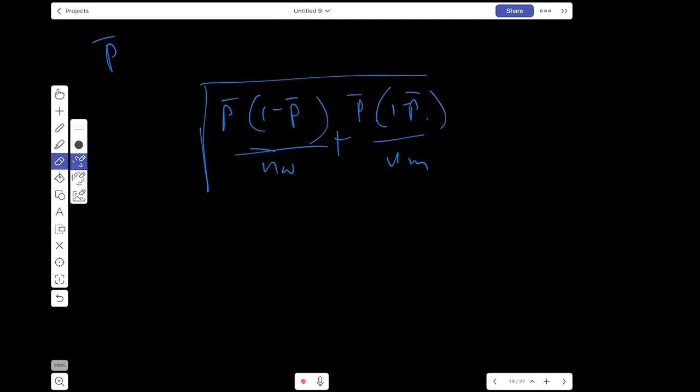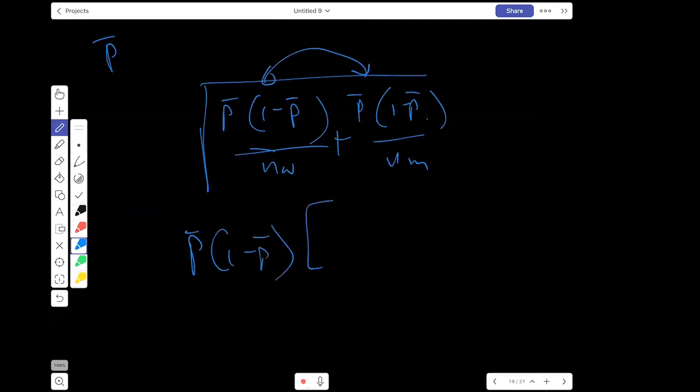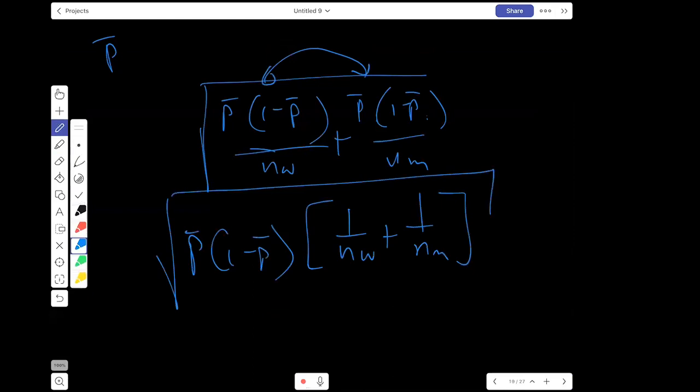Then I could factor that out because I have P bar times 1 minus P bar on both of those. Those two are the same. So I could factor out P bar times 1 minus P bar, times 1 over NW plus 1 over NM, and then take the square root of that. And that would be my standard error, okay?